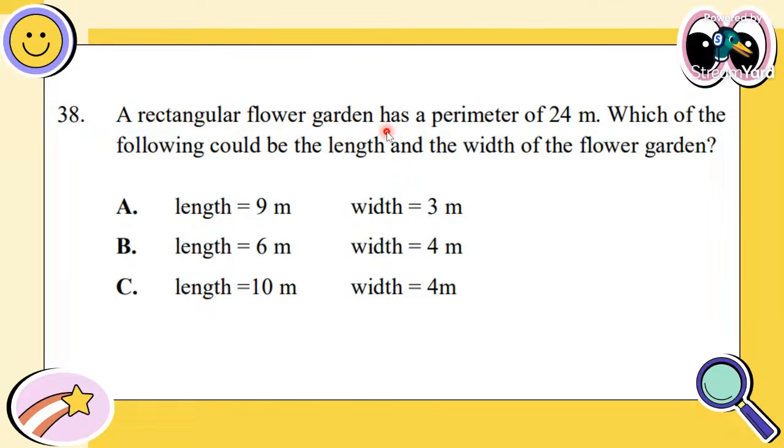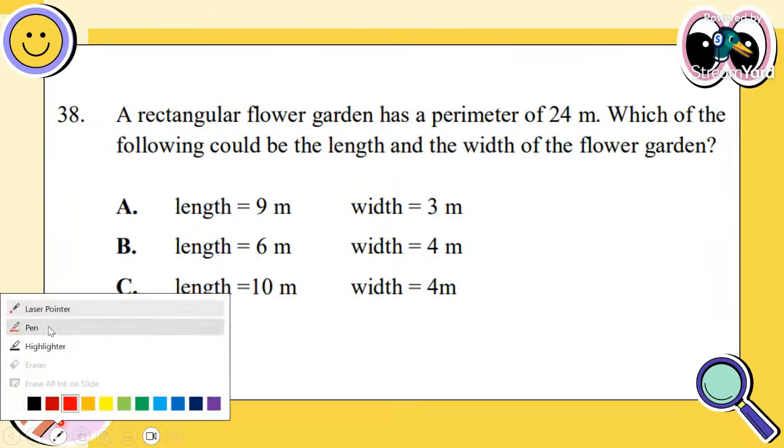So if the perimeter is 24 and we're talking about a rectangular garden, it means that we have to think about the length and the width. And just like we explored, for a rectangle, let me go ahead and draw one here, just so we can put things into perspective.